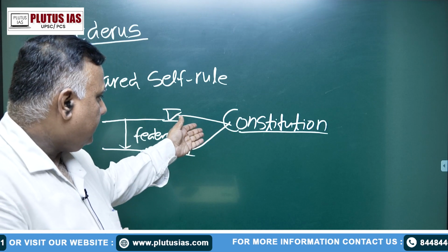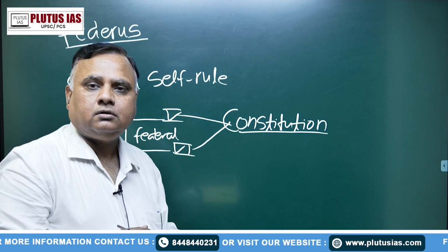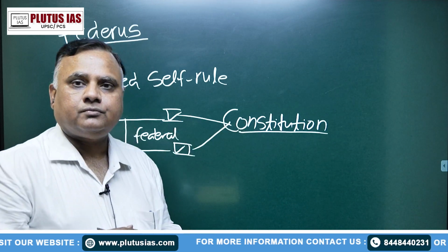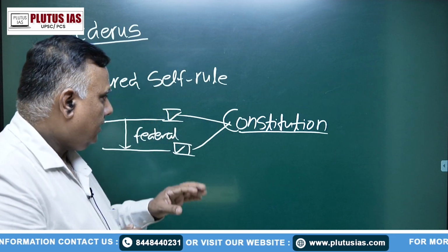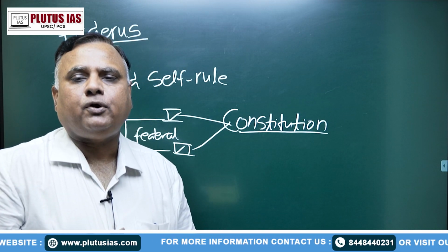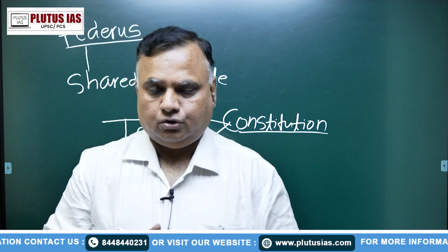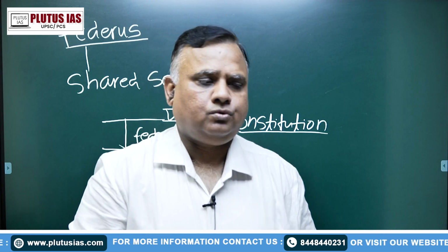But in federal polity, states are empowered by the same constitution by which center is empowered. So, in a nutshell, in federal polity, states are better placed, more empowered, constitutionally empowered. And why is it so?